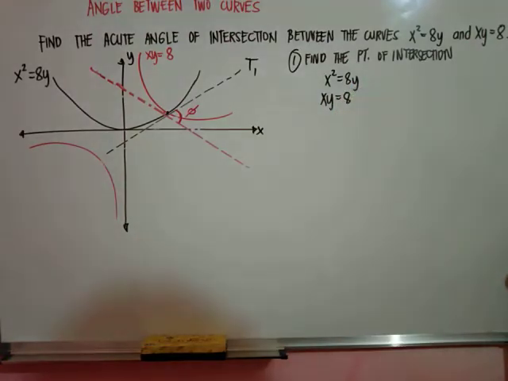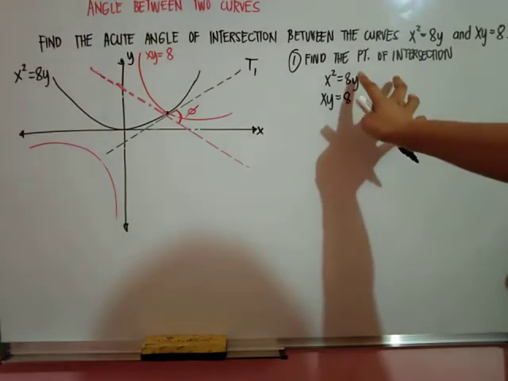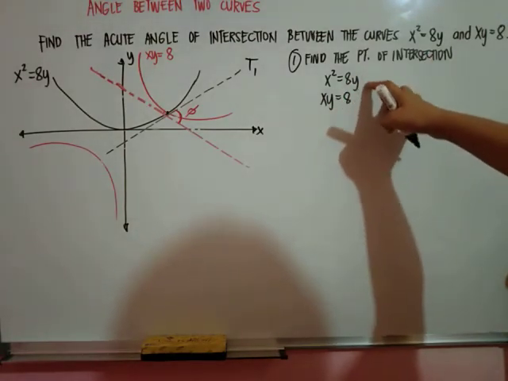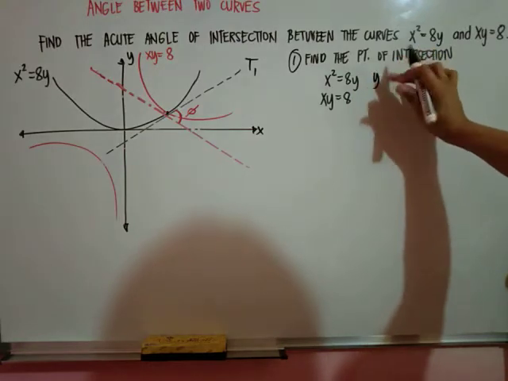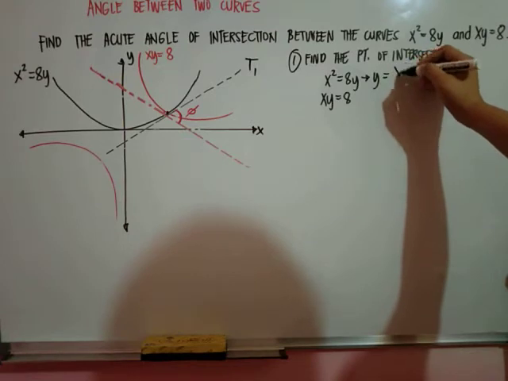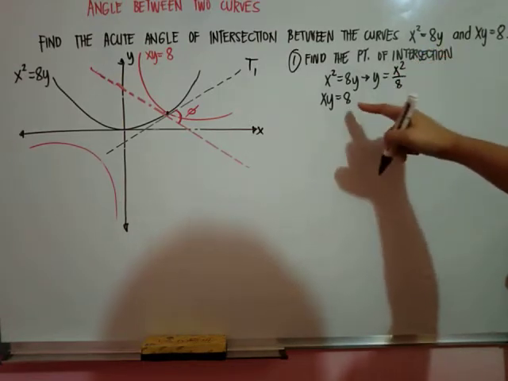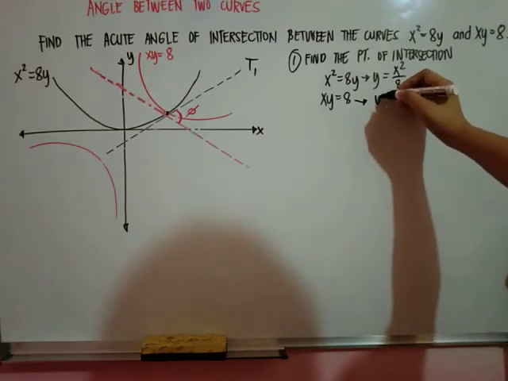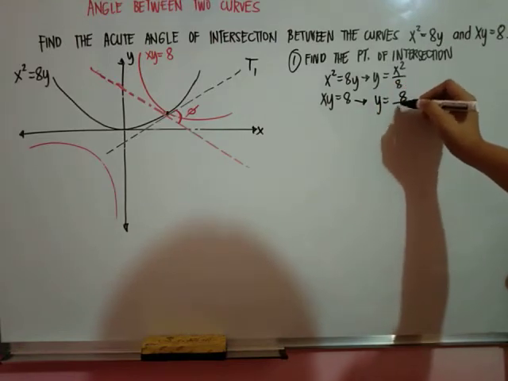So, i-express natin siya pareho in terms ng y. Magiging y is equal to x squared over 8. Samantalang itong pangalawang function natin, magiging y equals 8 over x.